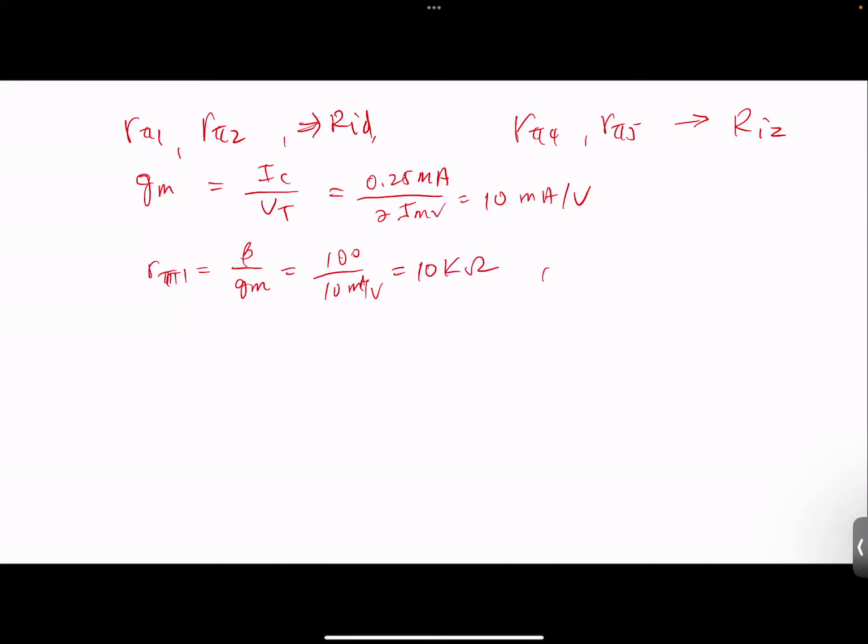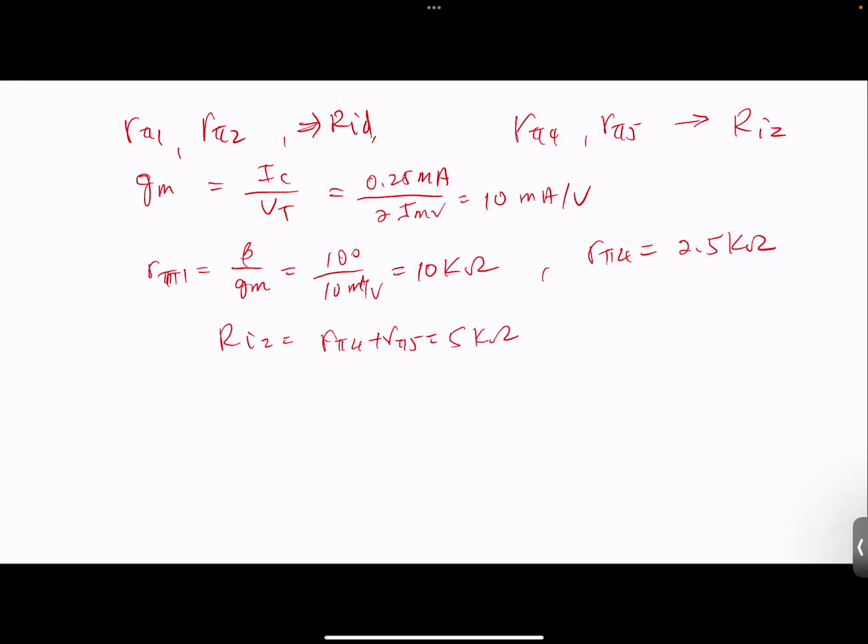So Rπ1 is 10K, and Rπ4, I calculated, is 2.5 kilo ohms. So Ri2 equals Rπ4 plus Rπ5, which equals 5 kilo ohms.